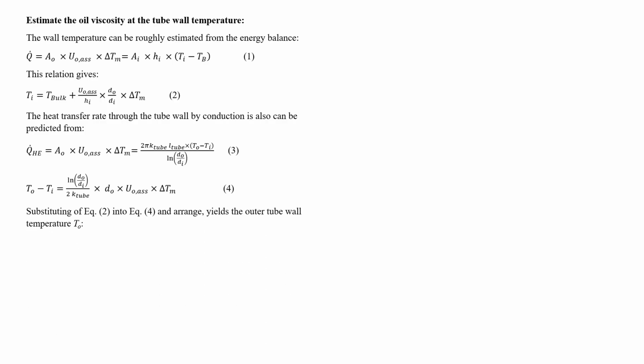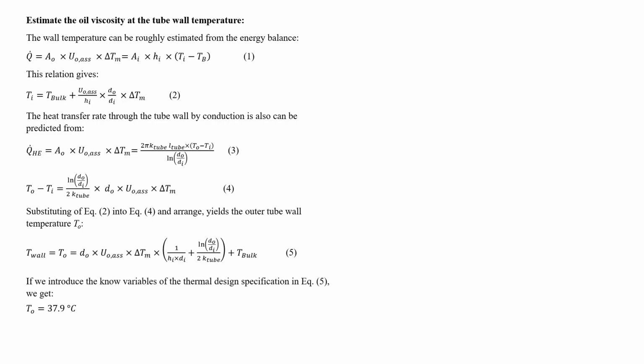Of course, if we substitute equation number 2 into 4, that will end with T wall, which is equal to T naught, as presented in equation number 5. This equation will be used to roughly estimate the wall temperature of the tube facing the heat transfer to the oil.